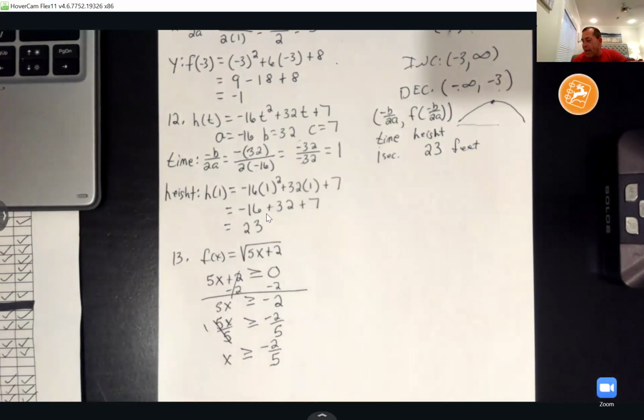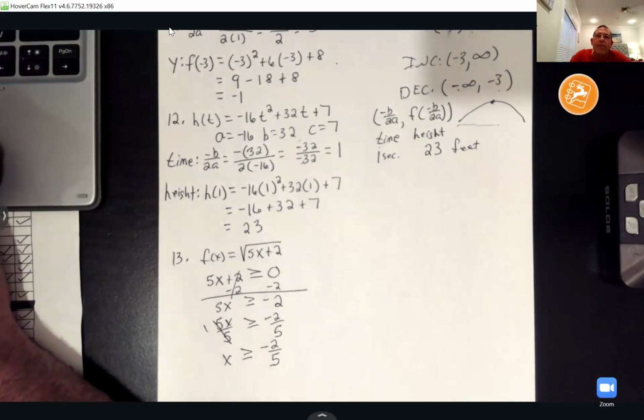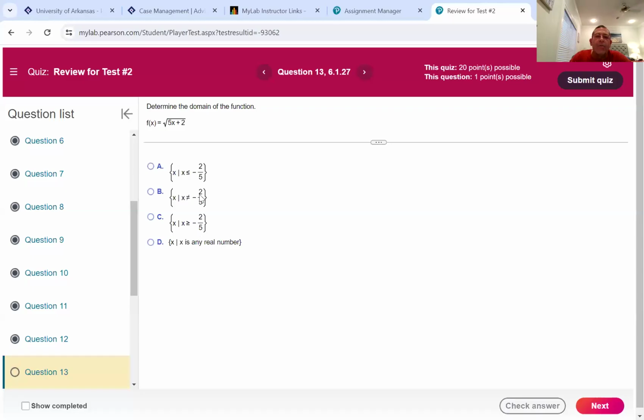So they should have one answer that looks like that. And the only thing they're changing is the greater than and the less than stuff, I'm pretty sure. So let's look. Yeah, they all got negative 2/5. So the first one was less than, which is wrong. The second one, you're not going to choose the not equals ever.